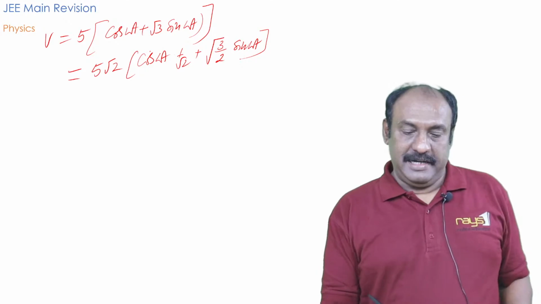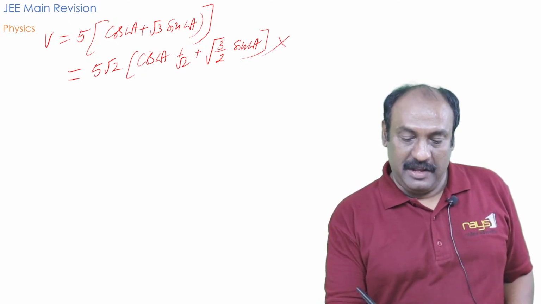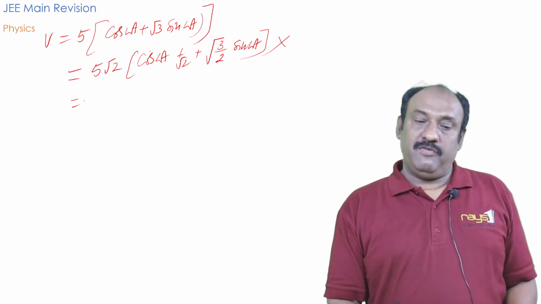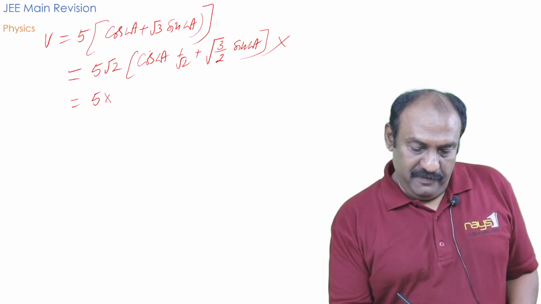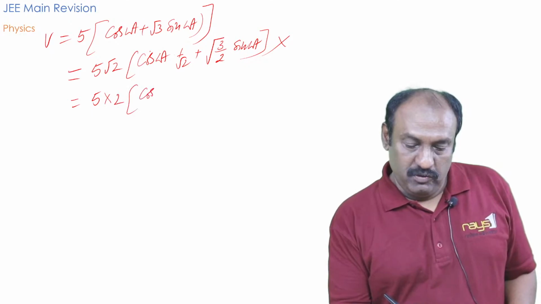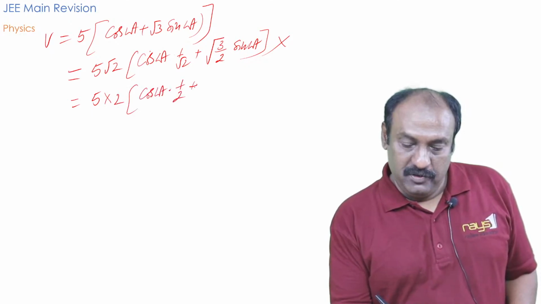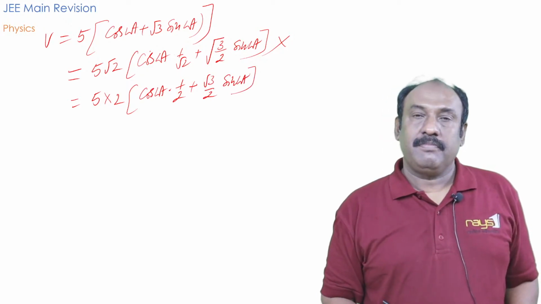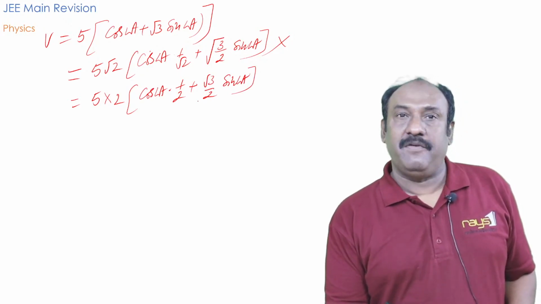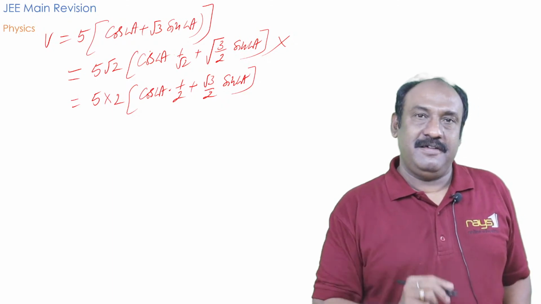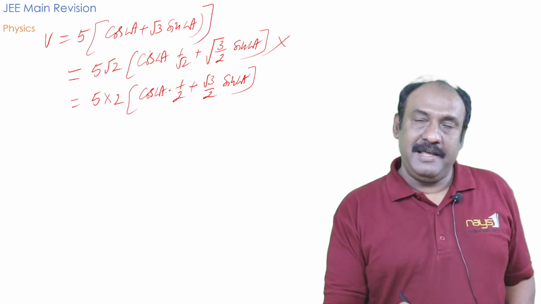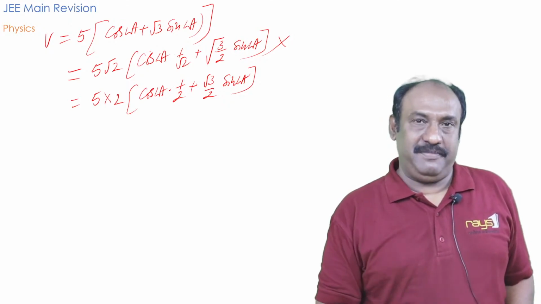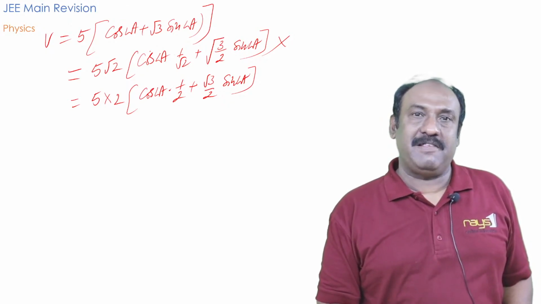Here root 3 by 2 is not in the sine function form. So if I multiply with 2, it is 10 into cos omega t into 1 by 2 plus root 3 by 2 into sin omega t. Then only it is in the form of sin a cos b plus cos a sin b.